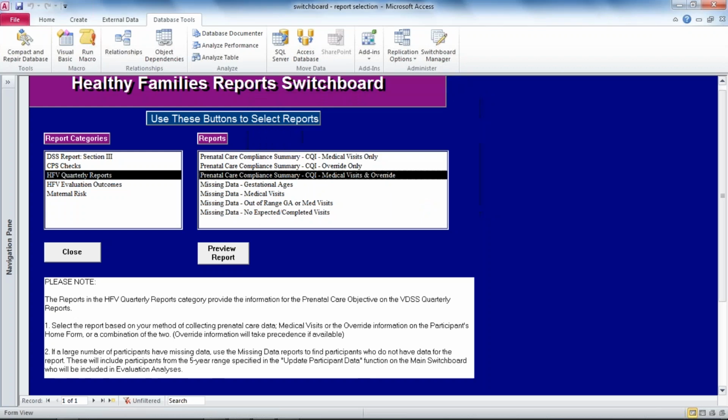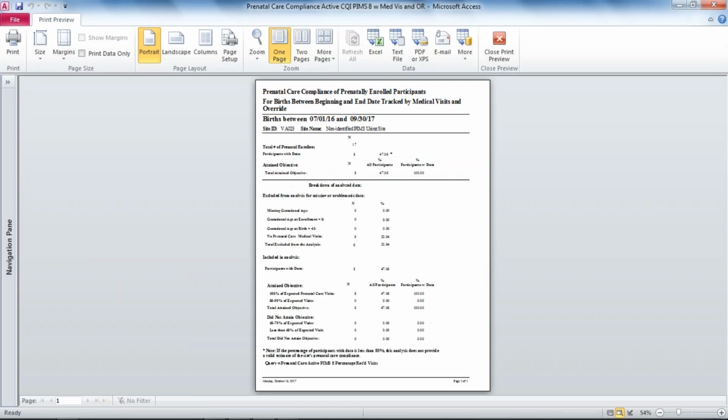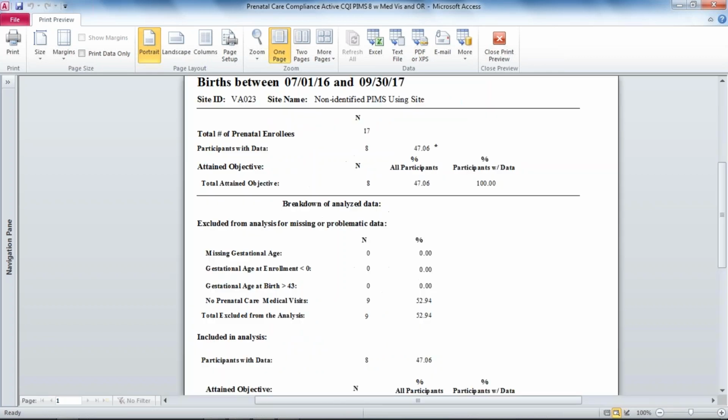So click OK. And that date range would be the date range that you want to look at for the most recent quarters. So in our case, that would be 7/1/17 and 9/30/17, give you the first quarter of this fiscal year. Okay, so what this provides you then is it says there are a total number of 17 prenatal enrollees.